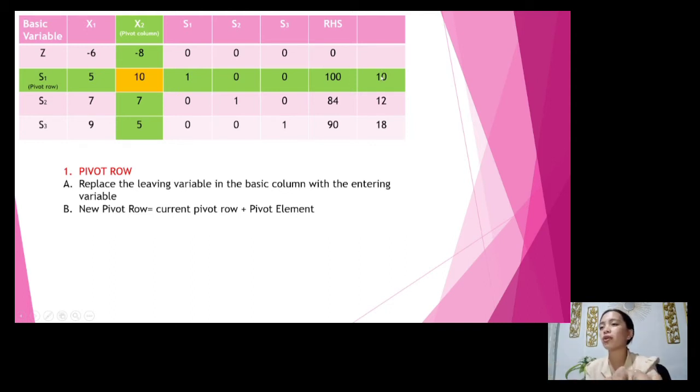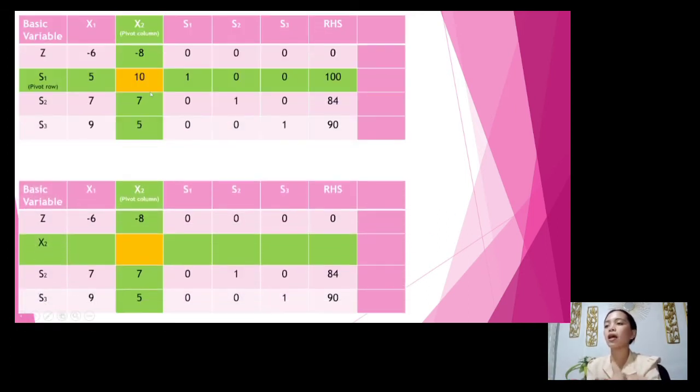The pivot row replaces the leaving variable in the basic column with the entering variable. For us to get it, the new pivot row is equal to the current pivot row divided by the pivot element. So the intersection, this is what we call the pivot element. So s sub 1 will become x sub 2.